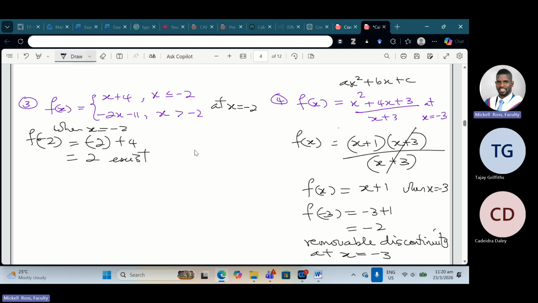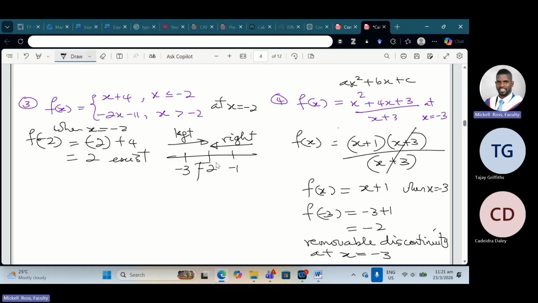Now, we can approach negative 2 from two sides. Here we have negative 2. You have a number to the left of it, negative 3, and a number to the right of it, negative 1. So you can approach from the right side, or you can approach from the left side.